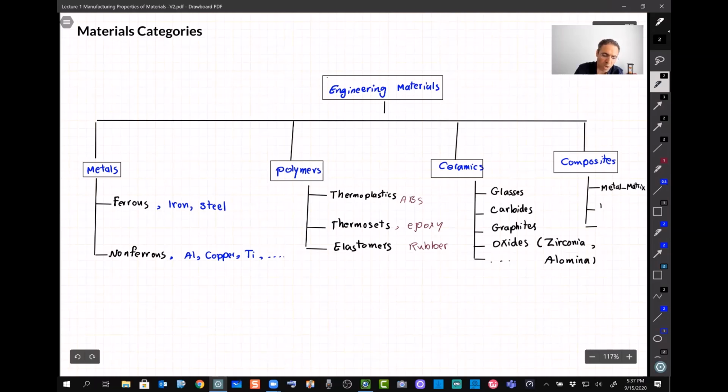Second one is a polymer matrix. And the last one is a ceramic matrix. So the matrix is one of these three categories, but the fiber can be anything. It can be metals, rarely polymer, but it can be polymer or ceramic as well. So this is the main picture, or the main category, of the materials we should have in mind.